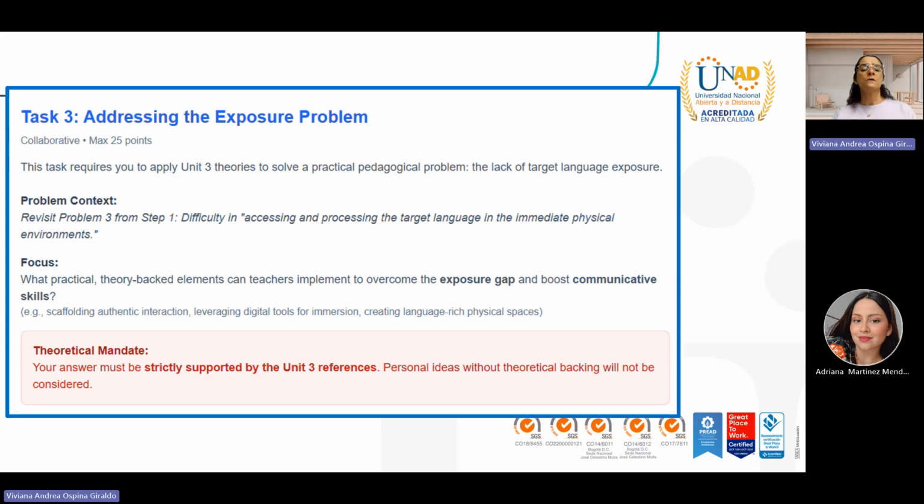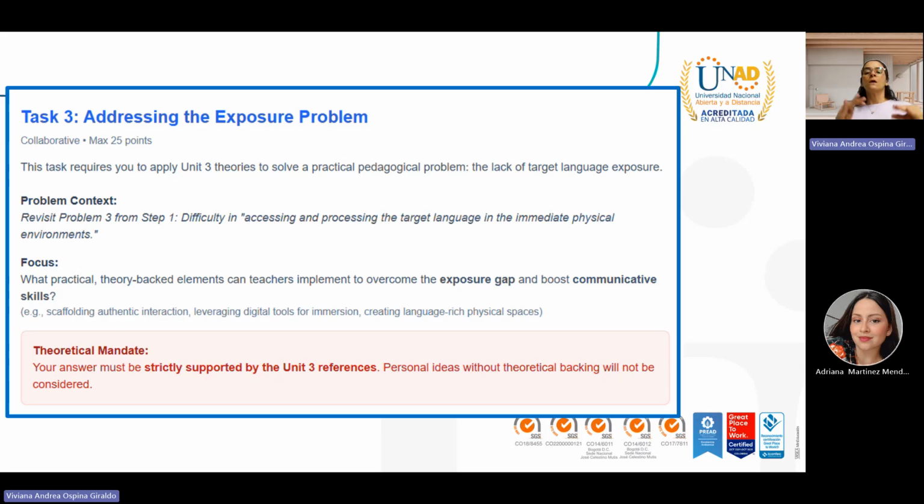Our focus here, though, is to be theory backed, to be able to implement and overcome this exposure gap and boost communicative skills. How do we do that?